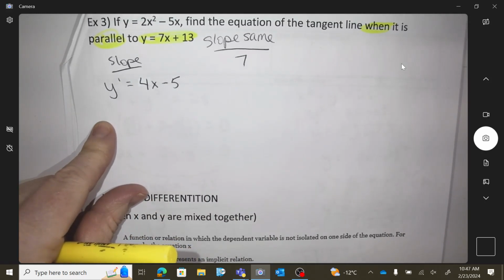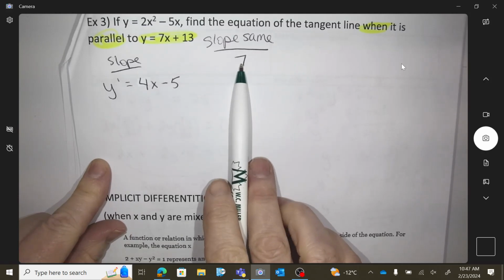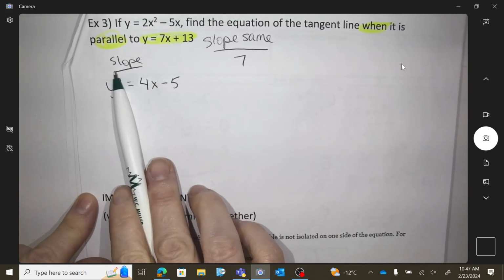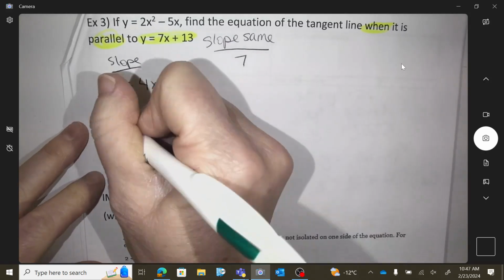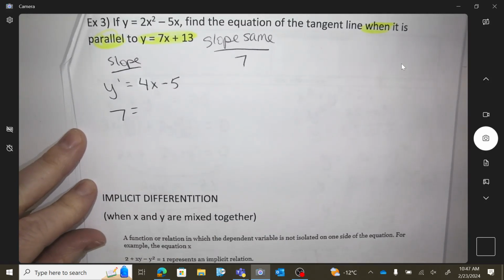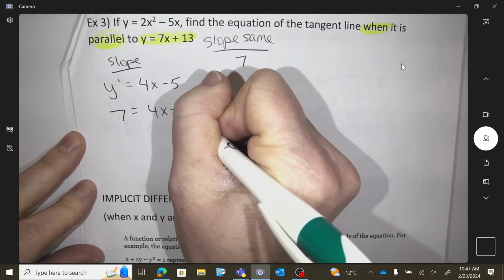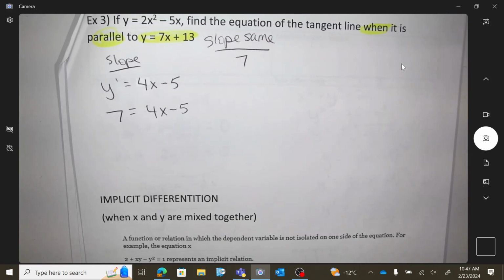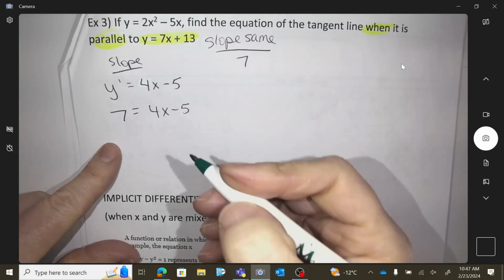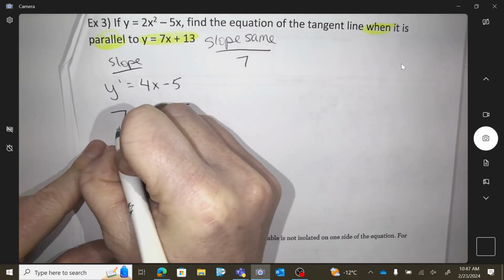So what am I going to do? Where should I put the 7? In place of the slope. So what am I doing? I'm trying to figure out what x position am I at a slope of 7? Okay, figure that out.